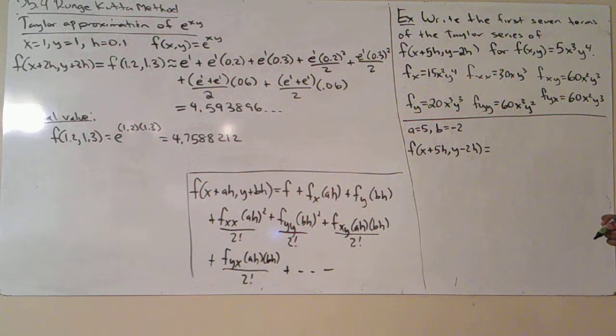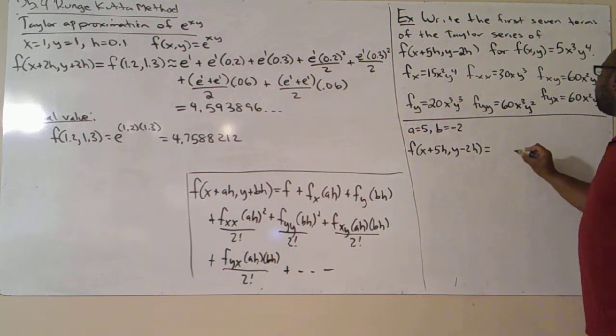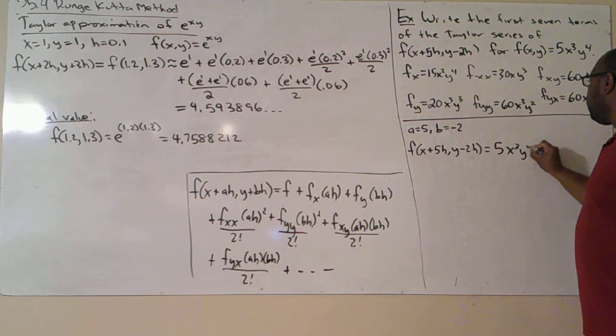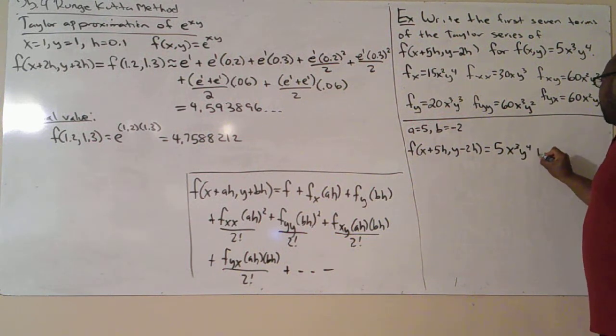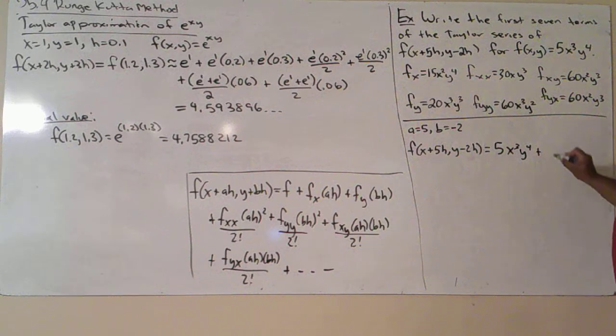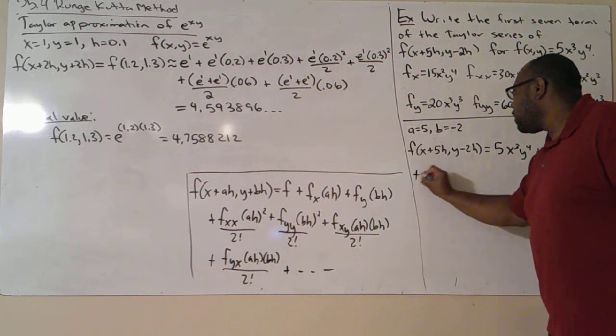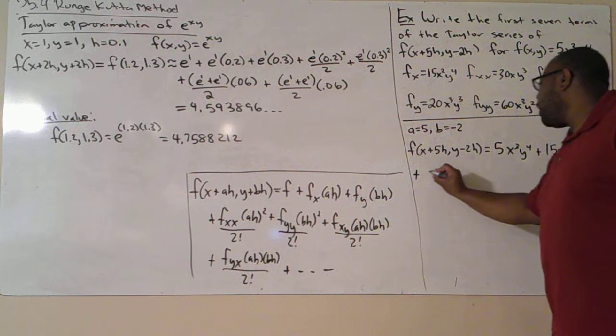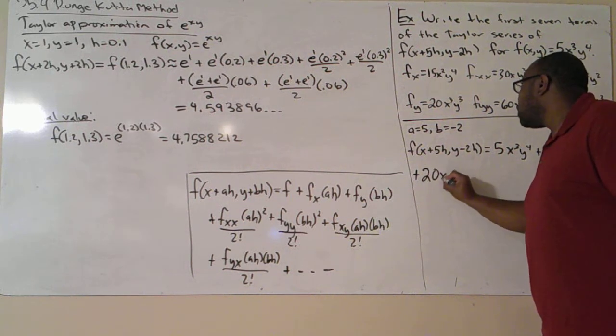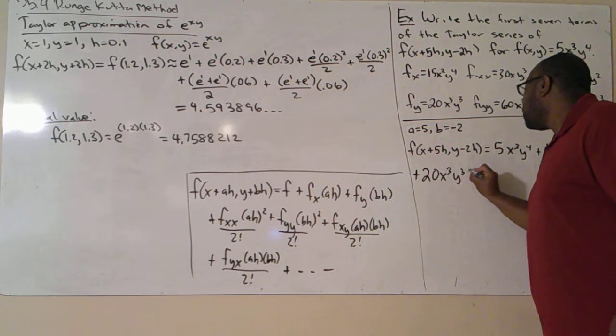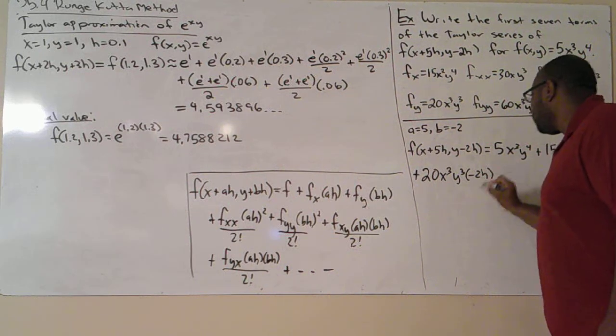The first 7 terms of this Taylor series is going to be 5x cubed y to the 4th, plus 15x squared y to the 4th times 5h, plus 20x cubed y cubed times -2h.